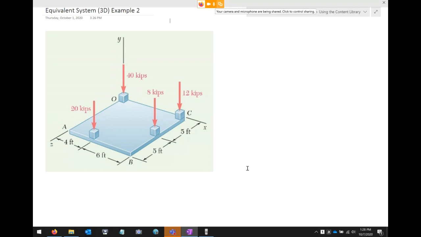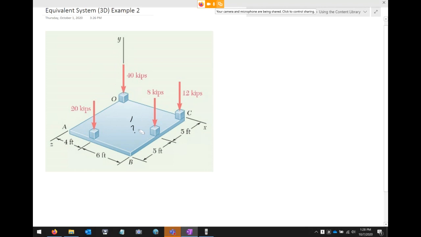But then I want to ask, where do I put that resultant vector such that it generates the same moment about the origin? I'm going to show you how that works.